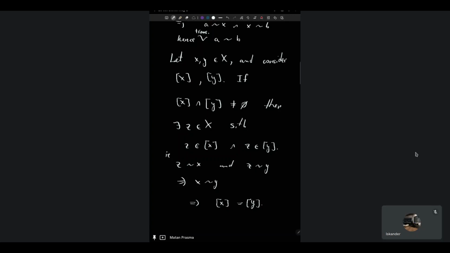And of course, the complement of this property is that if X and Y are not equivalent, then their equivalence classes are completely disjoint.